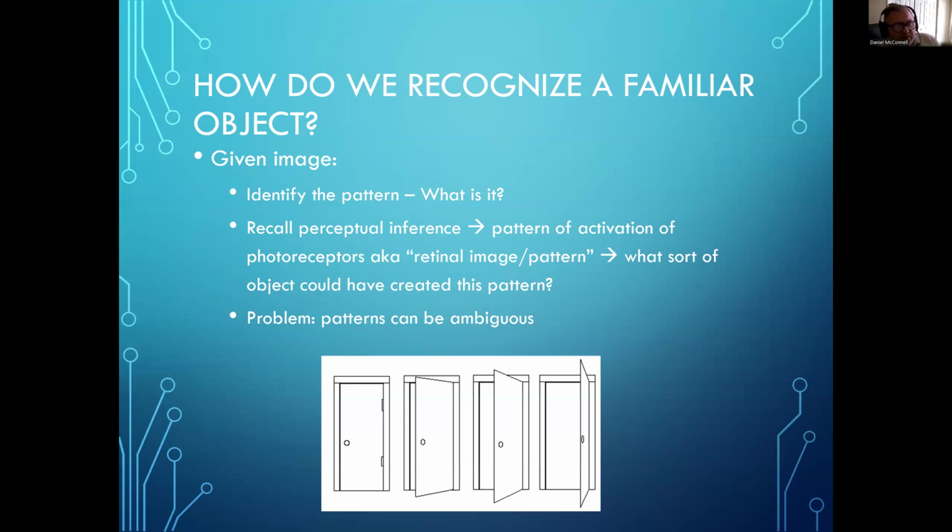Given that, one of the things that we need to think about here is that a lot of the theories discussed in the book about object recognition focus on learning, because they focus on recognition, not just perception for the first time.